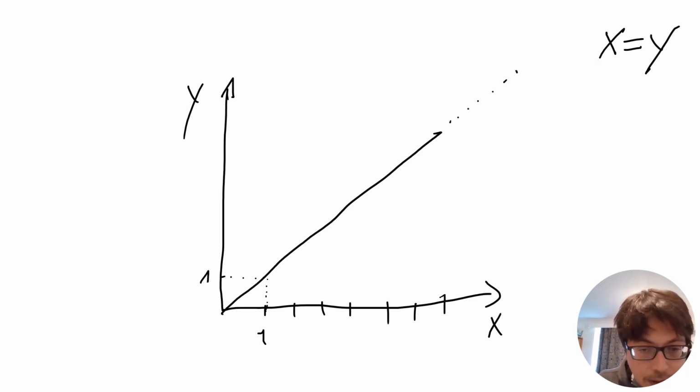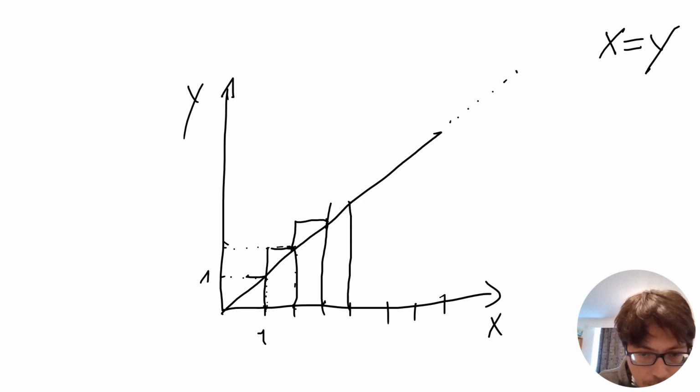Okay, not considering anything below 0, let's stick to the natural numbers for the moment. But we did a bit more. We had our rectangles. It's important to remember that they touch the line, because that's the approximation that we want to do.